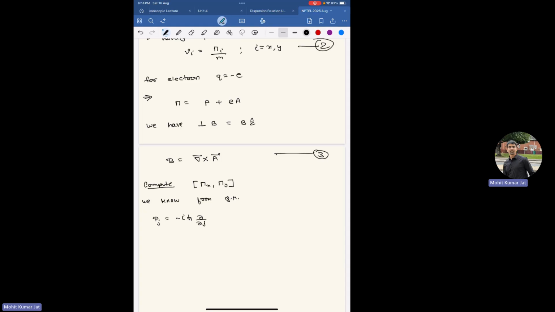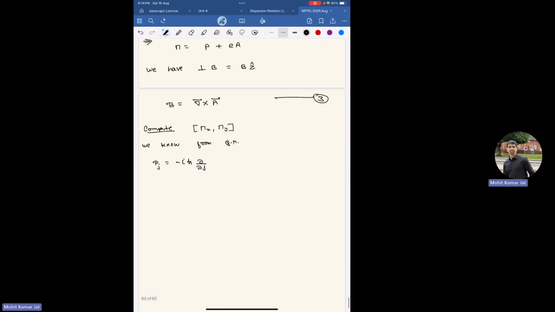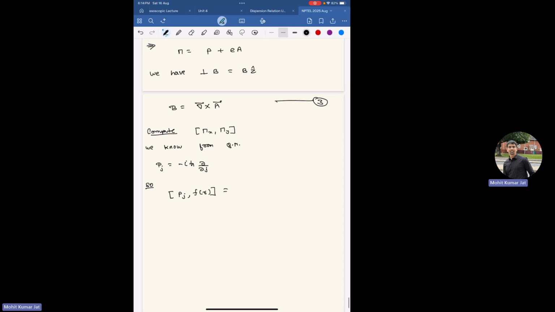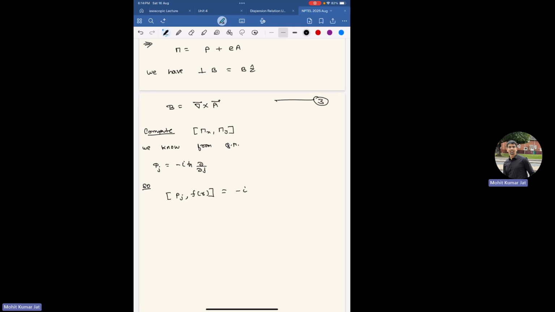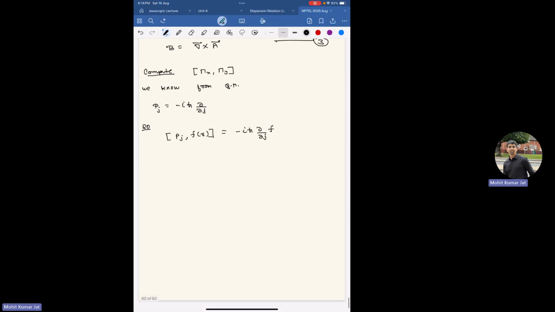That's what it means. So if I take Pj and its commutation with a function of position r, for example in our case the vector potential A, it will be given by minus i h bar del by del j of f, for any function.